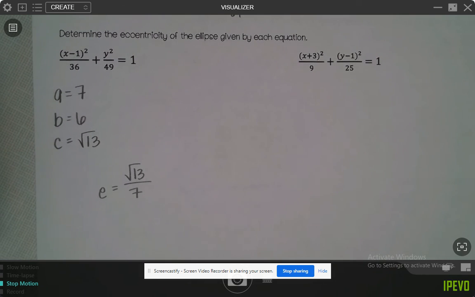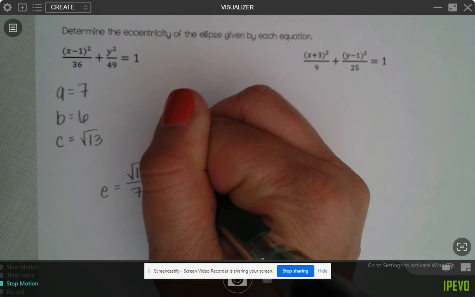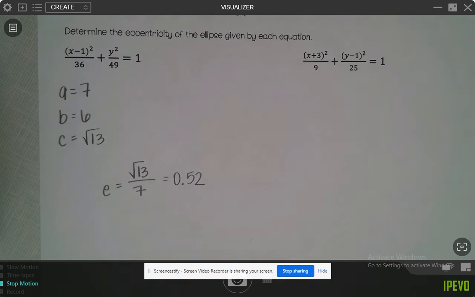Does this have to be in a certain mode? Nope, it'll work no matter what. So I got 0.52. Is that close to being a circle? No. Last one. Find the eccentricity, please.